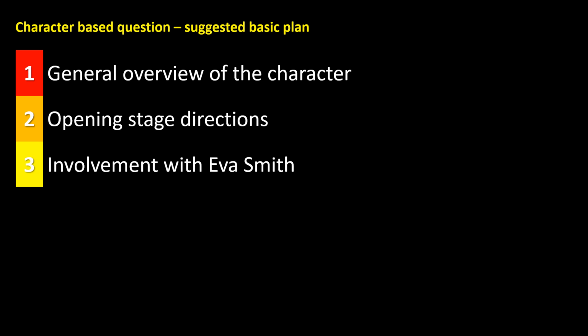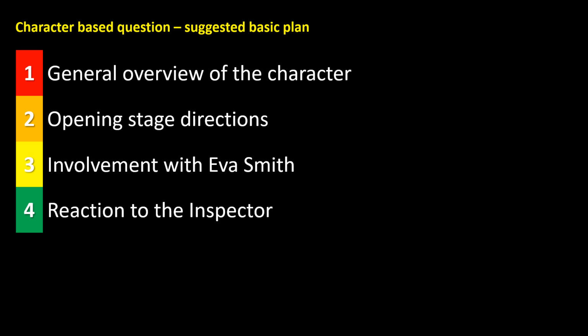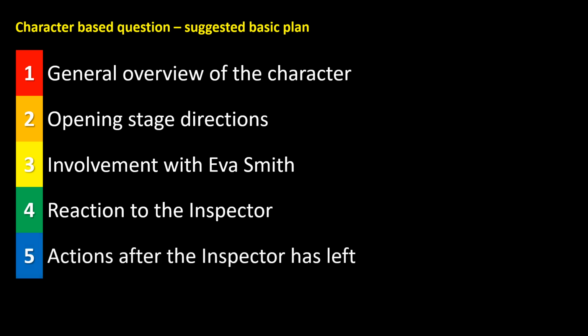Explain their involvement with Eva. Describe how they react to the inspector's questioning. Comment on what they're like after the inspector has left. Finish with a final summary which answers the question in a sentence or two.